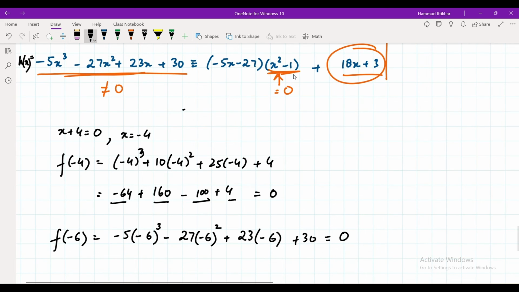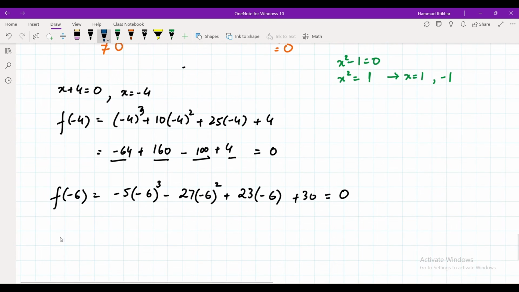But when we put x squared minus 1 equal to 0, let's figure out what the value of x would be. This would result in x squared equals to 1. So that would mean that we can plug in either x is equal to 1 or minus 1. So let's go with the simple route. Let's go with 1.